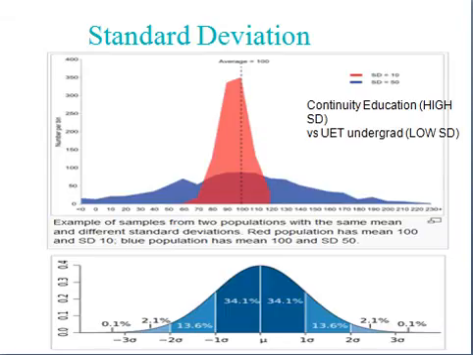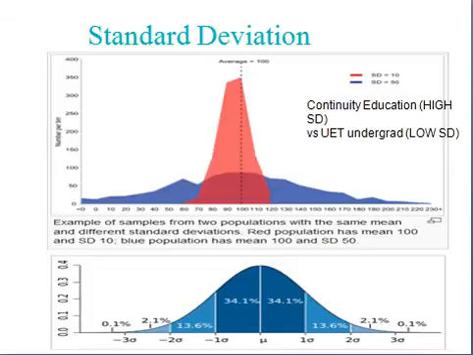Here is the depiction of standard deviation visually. So we have two different samples. One is this red population and the second one is the blue one. Here we can see that the red data points are closer to one another and to the mean value also.